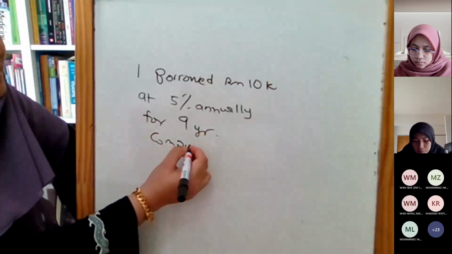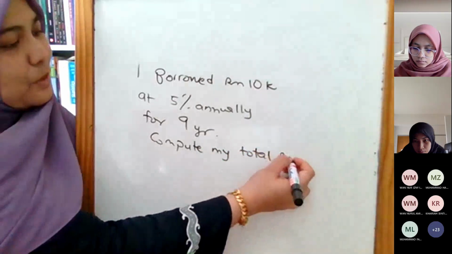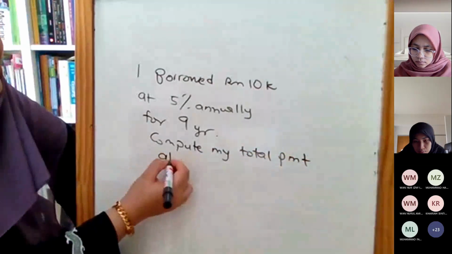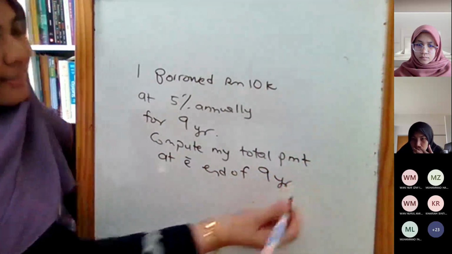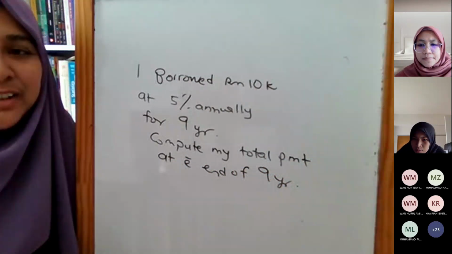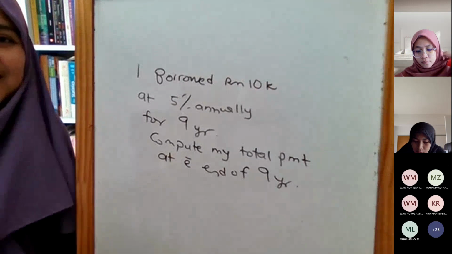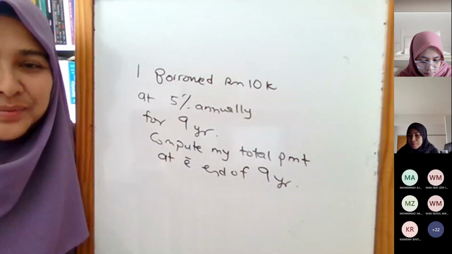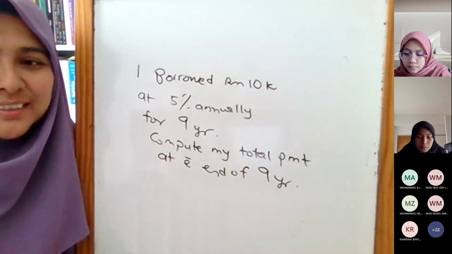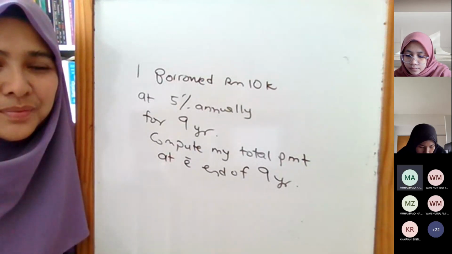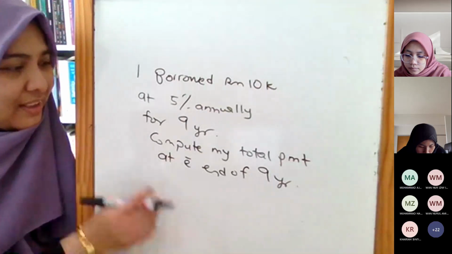Compute my total payment at the end of 9 years. Is this a simple, compound or annuity question? Ajwat, try. Do you think this is a simple, compound or annuity question? Compound. You think it's a compound question? Alright, so Ajwat says it's a compound question.